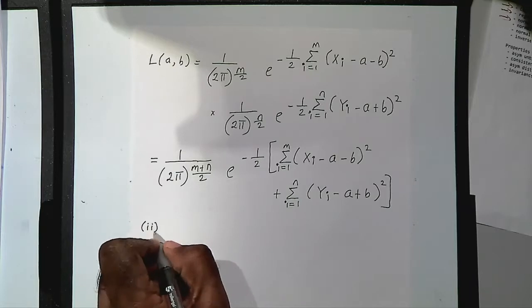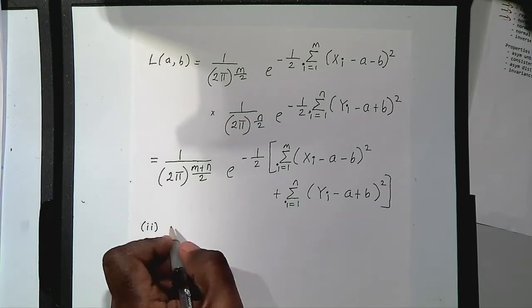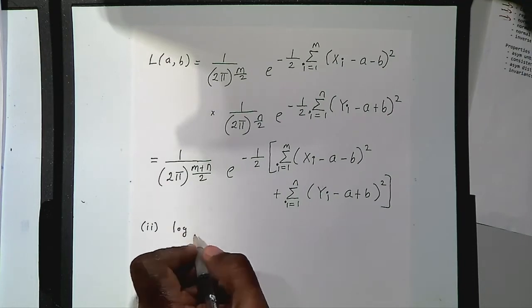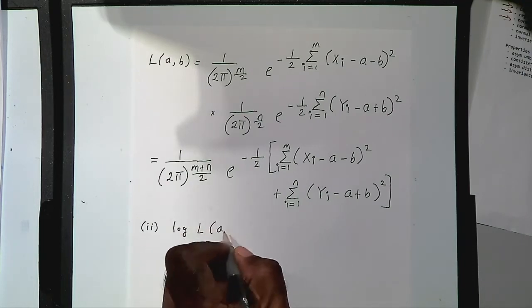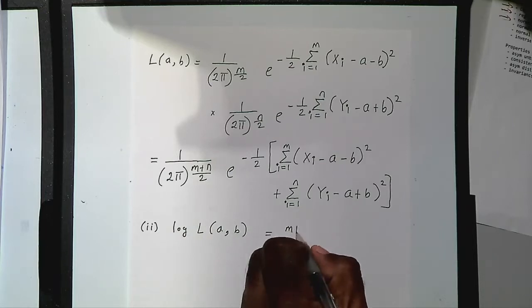Next step is step 2. Step 2 is to take the log of the likelihood function. So you take the log, you get the following.